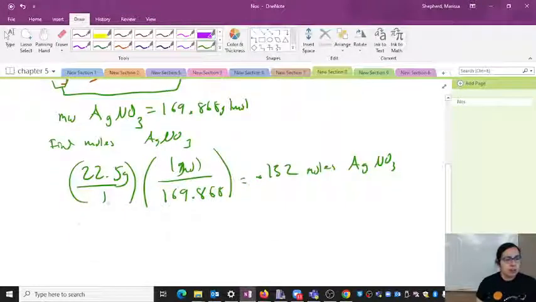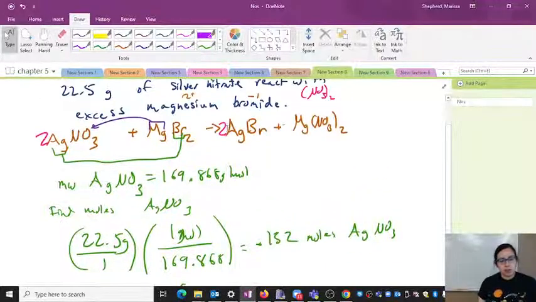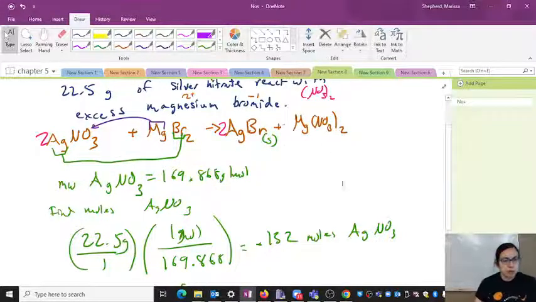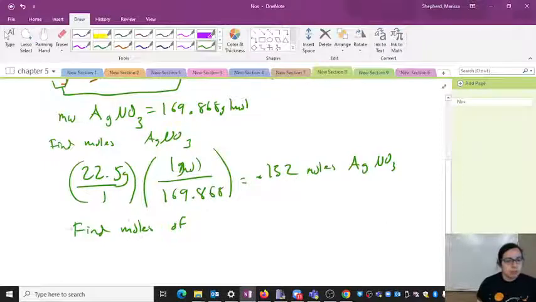So we can find moles of, and in actuality, you would only be really concerned about the silver bromide since, and we haven't gotten there, but this would be coming out of solution. So this is insoluble, so that would be the solid product that would be forming. This would be in solution. We could still quantify it, but so we could find moles of each.